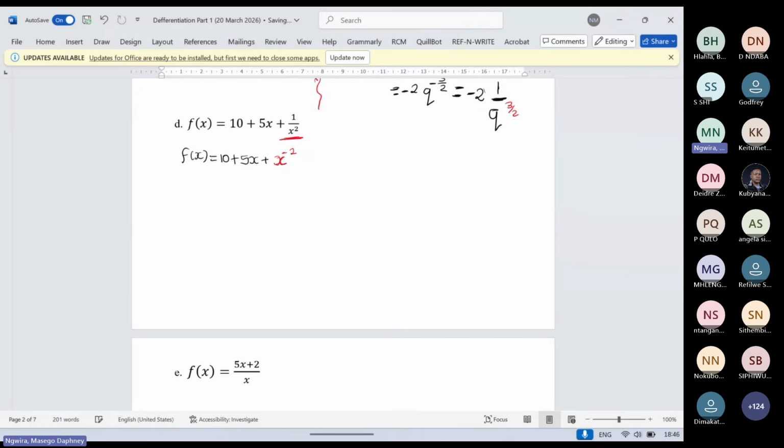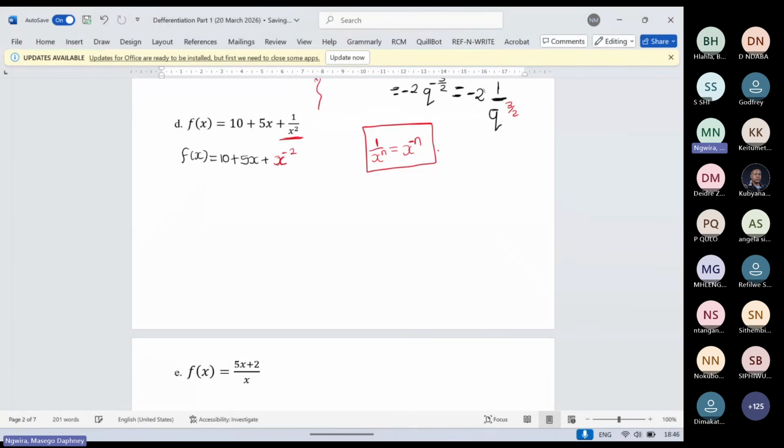I'm going to write it here again. The rule says that if I have 1 over x to the power of n, I must first write it as x to the power of -n. This is one of the rules of powers. This is the exponential rule, actually. It's a law. 1 over x to the power of n, you change it to be x to the power of -n.